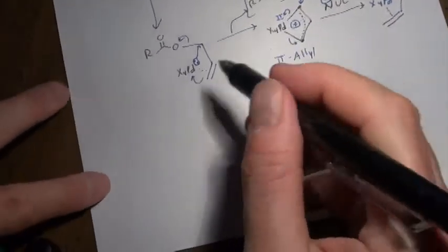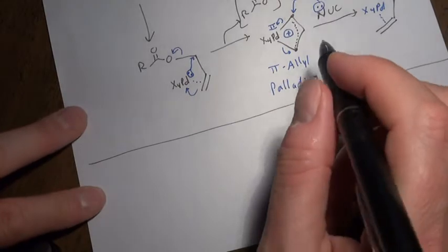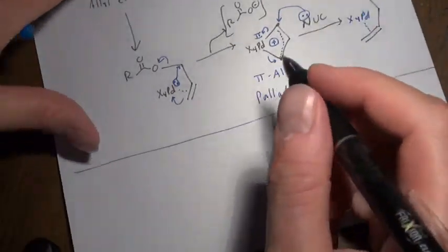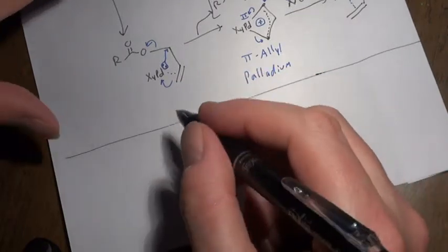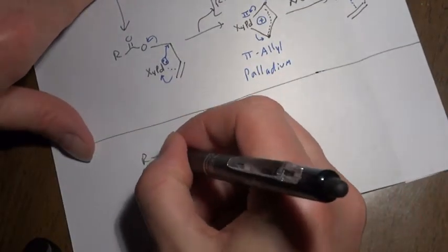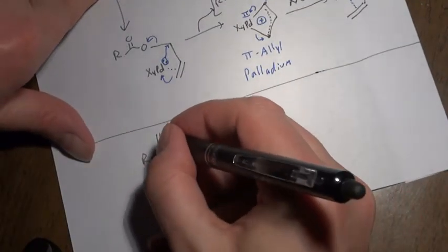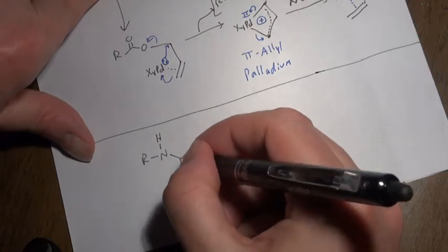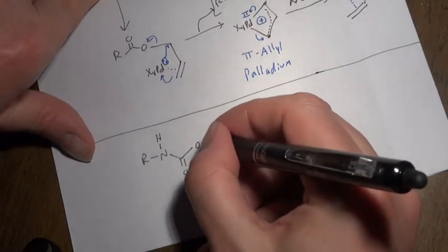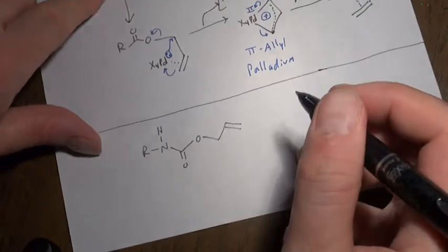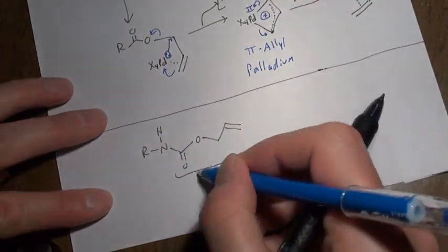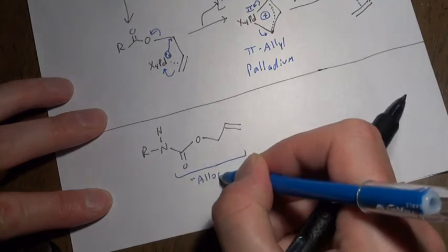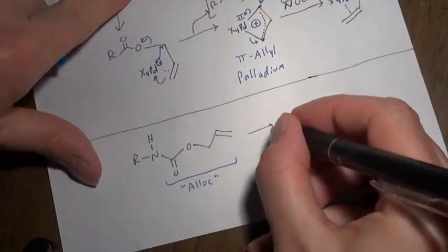The only last little thing is, because in the paper they have an allyl ester, they also have an alloc group, which is very similar. There's two ways you can draw an alloc group. One is if it's on a nitrogen, so this is called an alloc group. You do the same exact thing to cleave it.